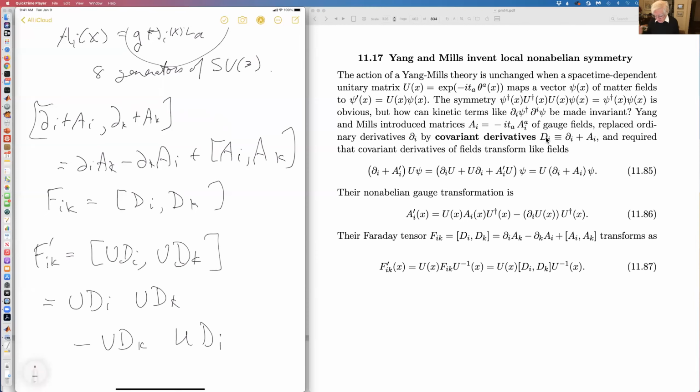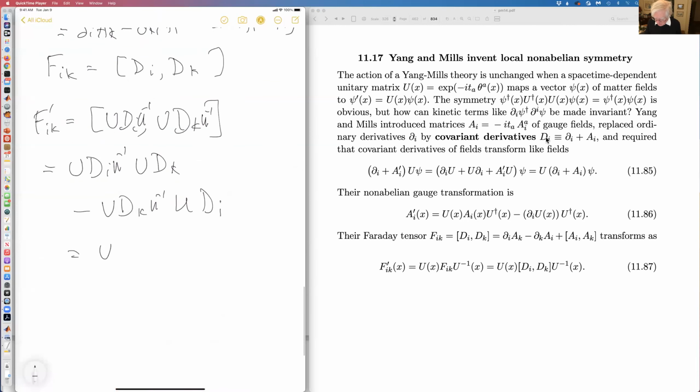And this is going to be nice if we put in here a U inverse. And I think, yes, there is a U inverse naturally here. I didn't write it down originally. All right, so let me show you where that comes from. So we have a U inverse there, a U inverse there. Well, the U inverse U cancels, and so what you have simply is U F_ik U inverse, or U adjoint.